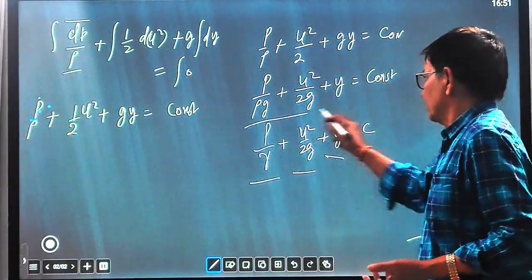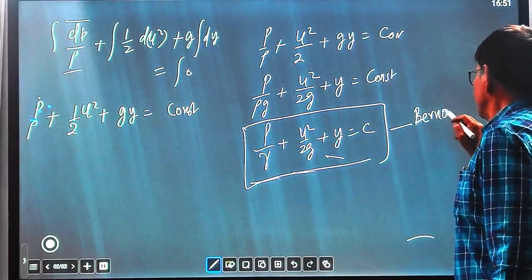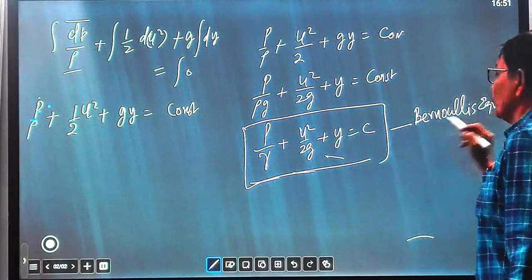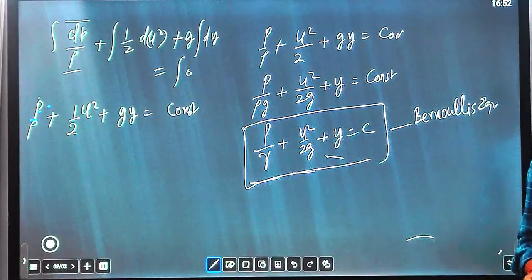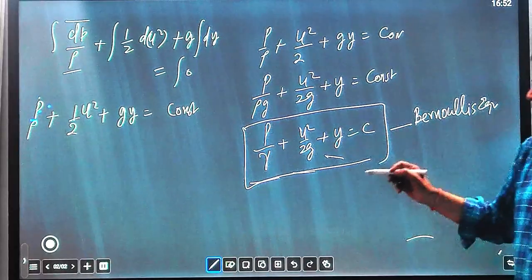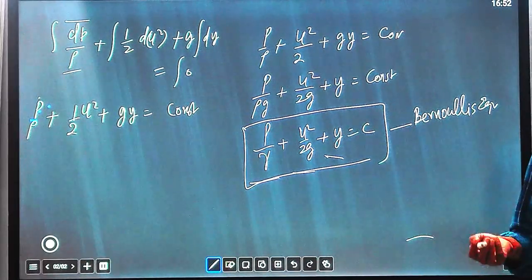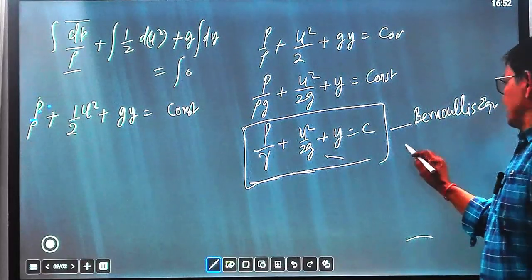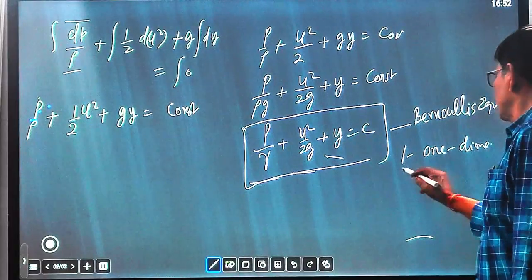This is the Bernoulli equation for one-dimensional steady incompressible inviscid flow. What are the conditions? Number 1, one-dimensional.